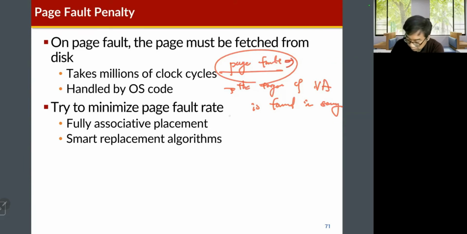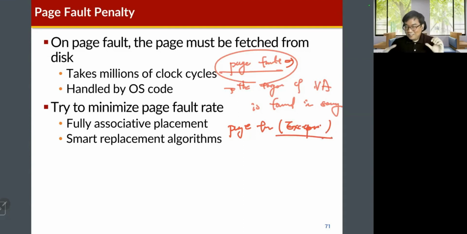So when a page fault is detected, when a page fault occurs, this is a kind of exception. When an exception is detected, the processor needs to call the exception handler. This code is provided by the operating system.